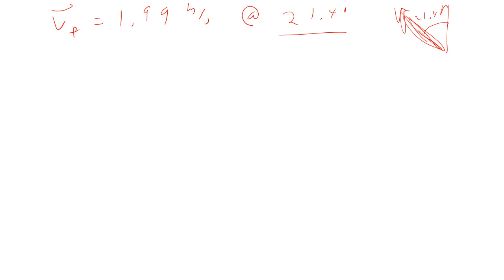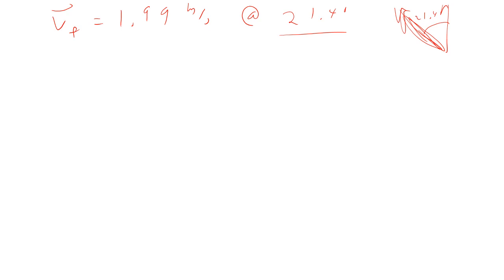So the final velocity vector is 1.99 meters per second at an angle of 21.4 degrees to the left of downfield. So this is it right there. Always say what you're measuring relative to. So it's relative to downfield.